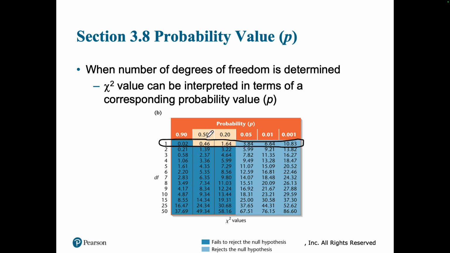Remember, our chi-square value was 0.53. This chart doesn't specifically list 0.53, but it does list 0.46 and 1.64. And so of course 0.53 is going to be somewhere in there, so we know our chance value is somewhere between 0.5 and 0.2, meaning it's not a significant difference.